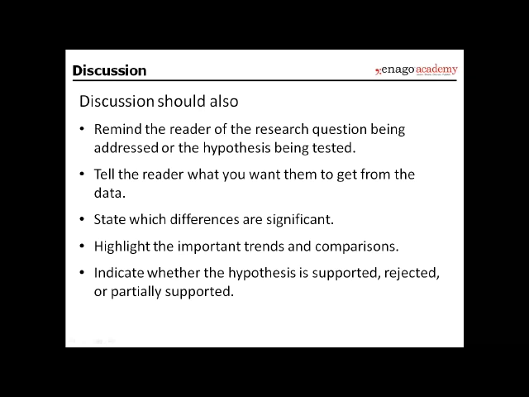Now here, please never get biased. Let's say you hypothesize something, and by the time you finish the research study, you find that whatever you proposed is not actually what's happening. In that case, you should be very clear and transparent in saying that the hypothesis is only partially supported.